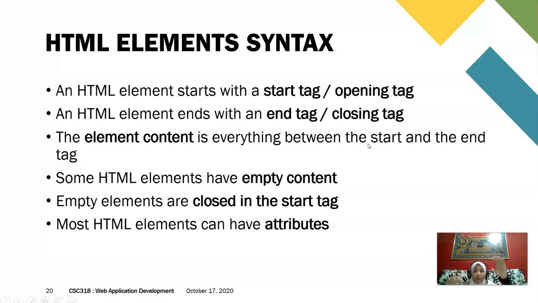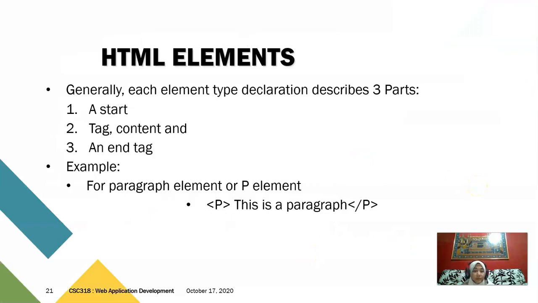So this one is the start or opening, this one is the end, and in between is the content that you want to have. Some HTML elements have empty content. Empty elements are closed in the start tag. Most HTML elements can have attributes. So please look carefully at what attributes are and what elements are, for you to know which code you can use for your web design.